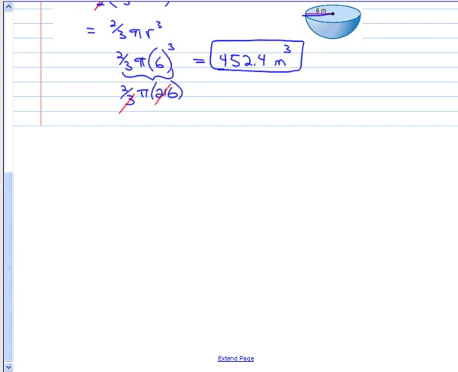We need to know how many times 3 goes into 216. Divided by 3, 72 times. So I have 2 times 72 times pi. 2 times 72 is 144 pi. There would be the exact value. And if you try it on your calculator and round to the nearest tenth, hopefully it equals that previous answer that we had just a minute ago.